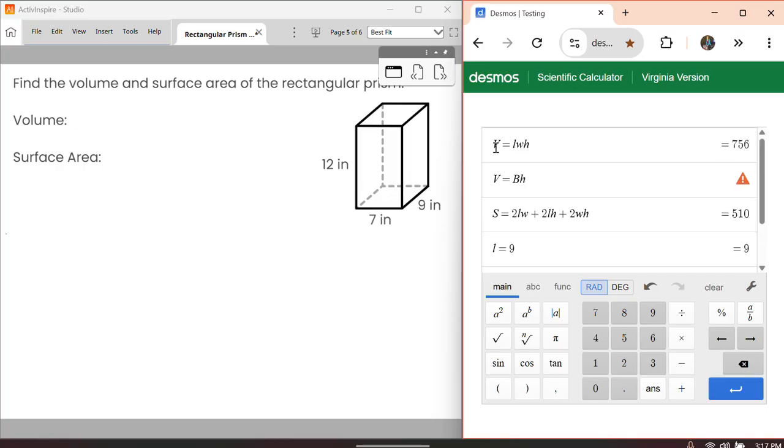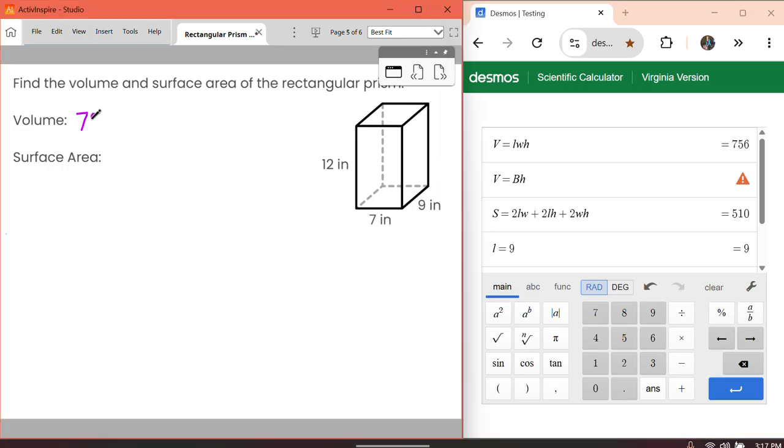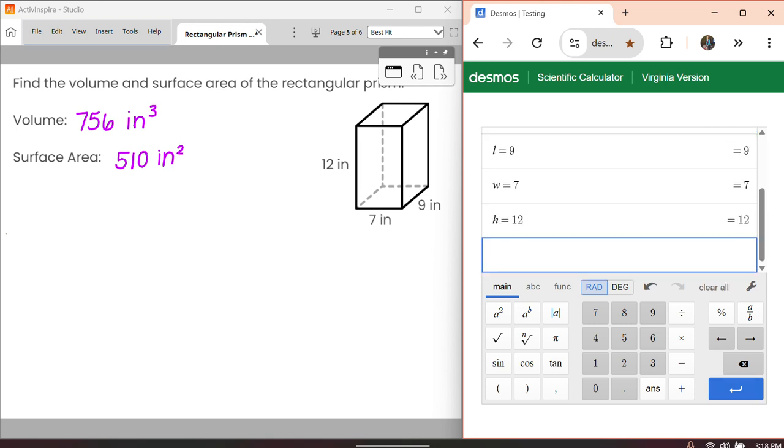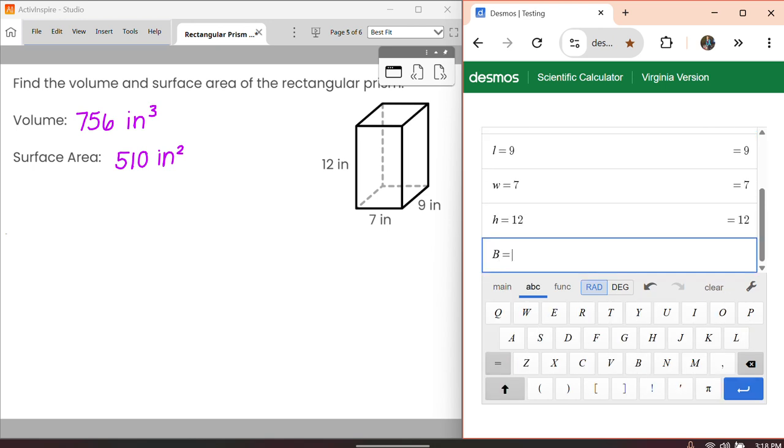But if you look, the first volume worked. It gave us 756, and volume is always cubed. And for surface area, it gave us 510, and just like regular area, surface area is squared. But I didn't get an answer for this other formula, for the big B, H, and that's because I haven't told the calculator what capital B equals.